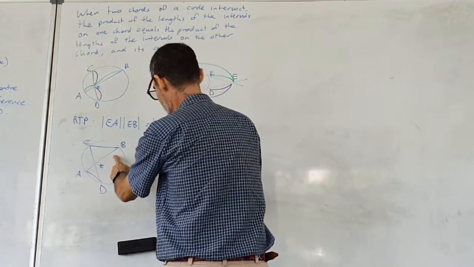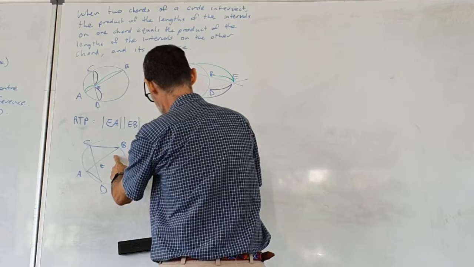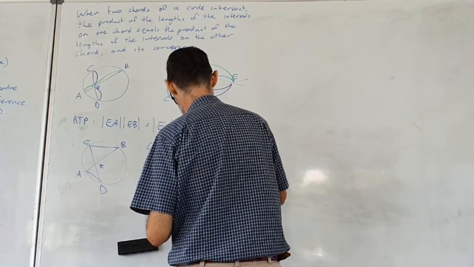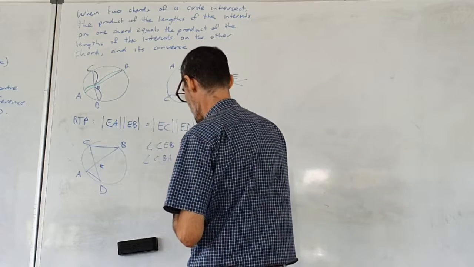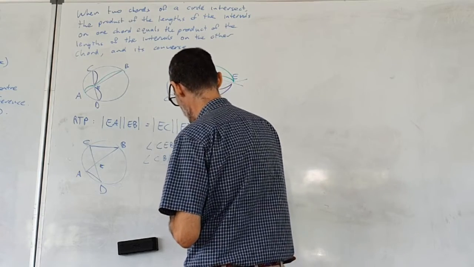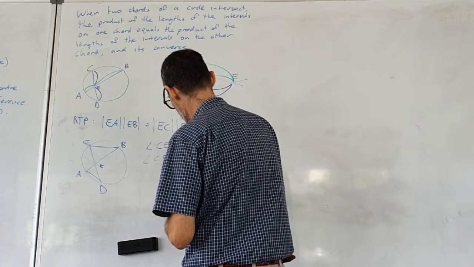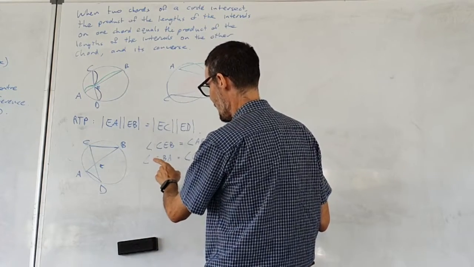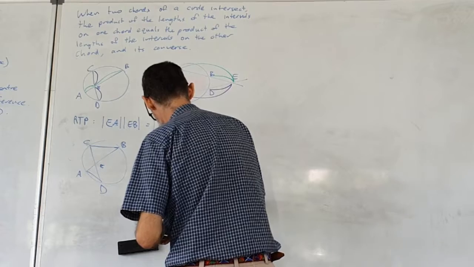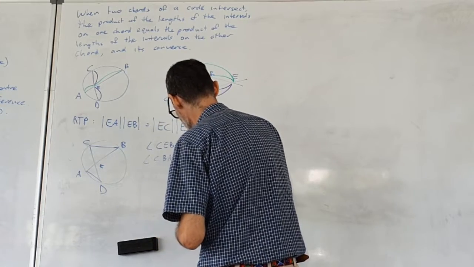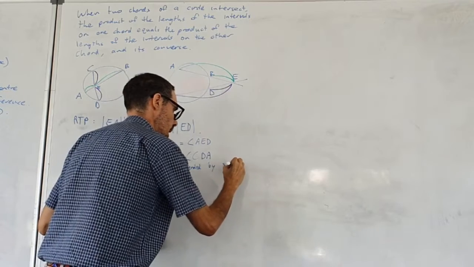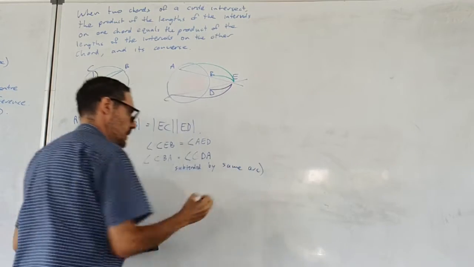Angle CBA must be the same as angle CDA, subtended by the same arc.